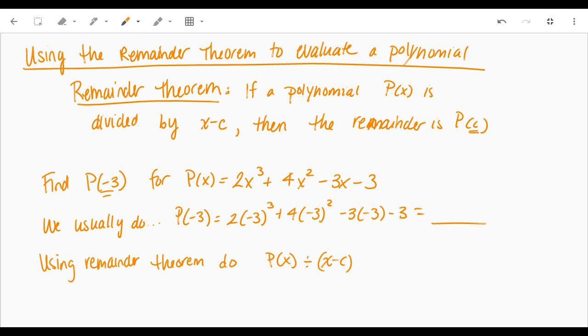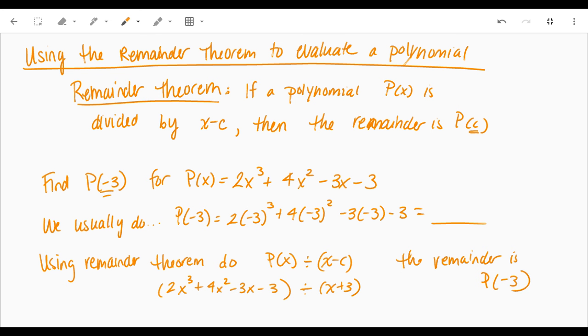So we're going to divide by x plus 3. That P of x is 2x cubed plus 4x squared minus 3x minus 3. And then the remainder is going to be P of negative 3.